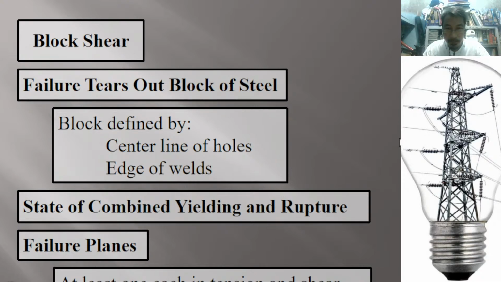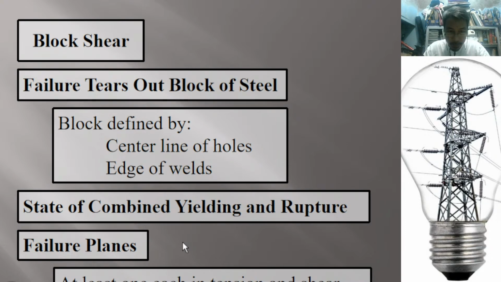So the element is not failing on the transverse axis, but rather, for example, on the staggered plane, and sometimes on the block shear plane. So this is what we know of.